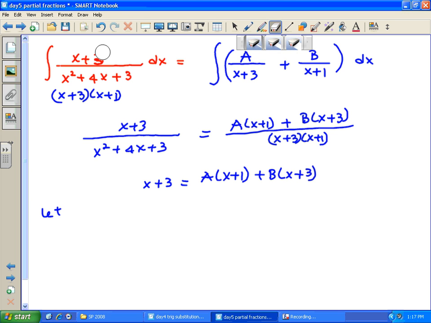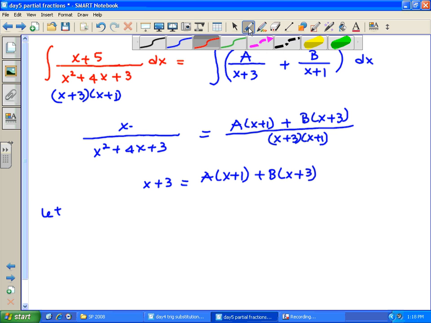So please make it x plus 5. The one on the left-hand side, the top of that fraction, we're making it x plus 5. So basically, the given question has changed slightly. And I'm going into all this trouble because I want to give you an example that cannot be done with u sub. So everything on the left-hand side, we're making it x plus 5.